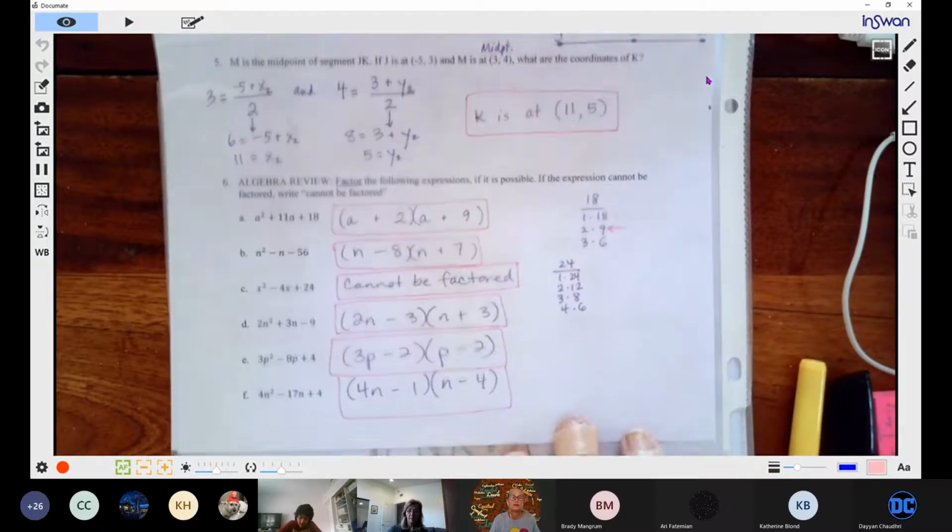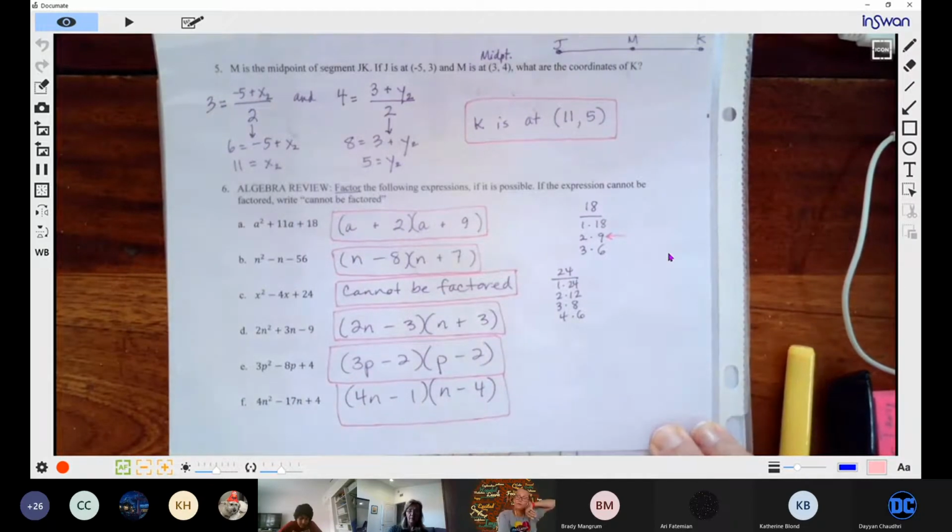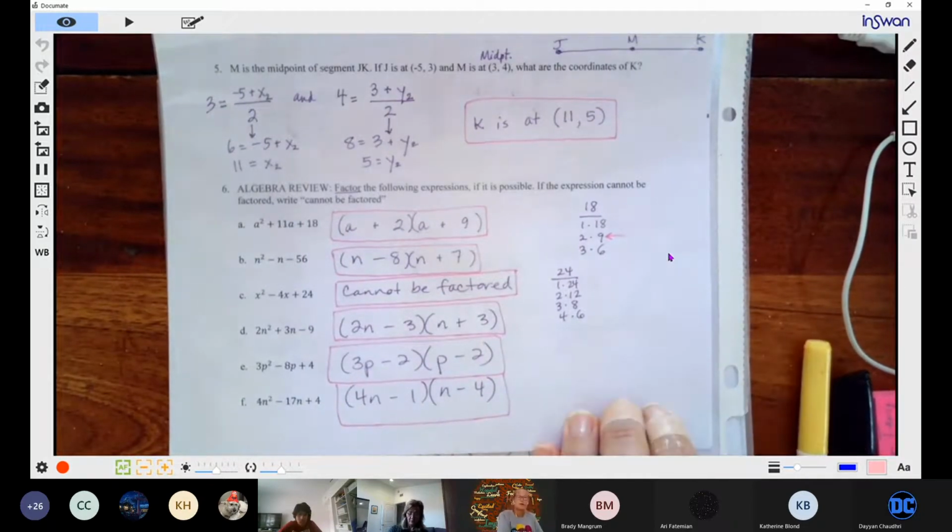So then the algebra review for these trinomials, this is what you get after you multiply two binomials out. If you don't remember, because we didn't go over them too much, the first term, the a squared, that's the first two multiplied. That's a times a. The last one is 2 times 9.